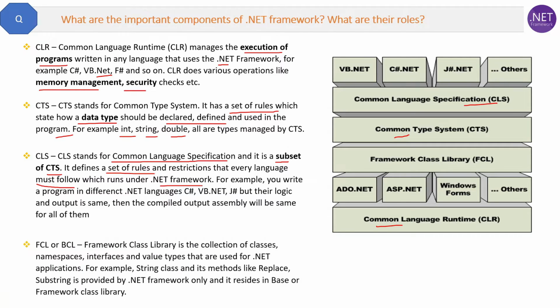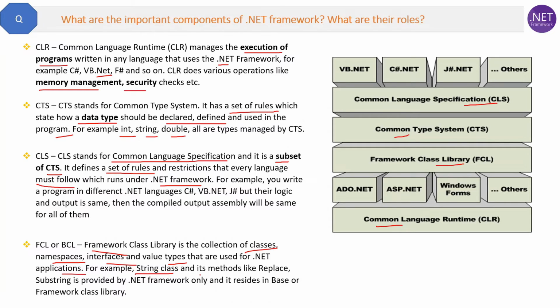Next is BCL, or we can say FCL, which is Framework Class Libraries. Now, what is Framework Class Libraries? It is the collection of classes, namespaces, interfaces, and value types that are used for .NET applications. For example, .NET Framework provides you a string class, and by using that string class, .NET Framework provides methods like replace, substring.